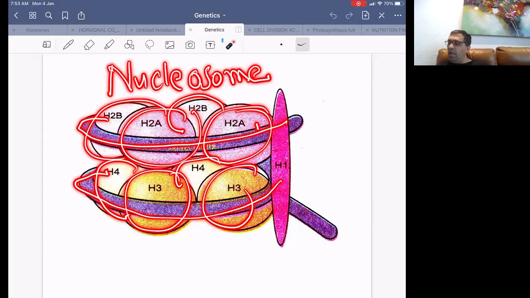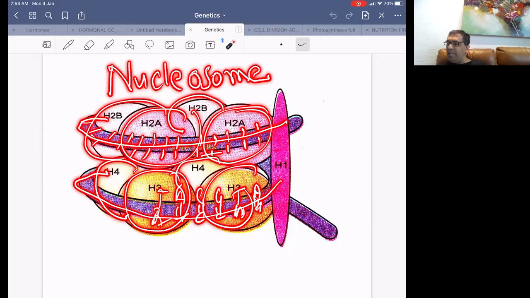It has got adenine, thymine, thymine, adenine, adenine, thymine, guanine, cytosine, cytosine, guanine, and so on. ऐसे base pairs हैं. This is A pair with T, T pair with A, G pair with C, C pair with G, A pair with T, T pair with A.